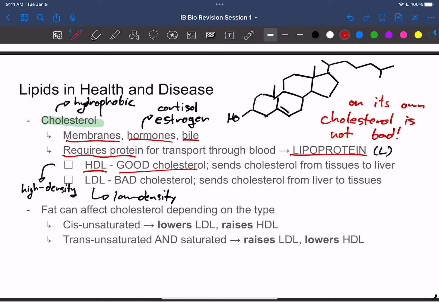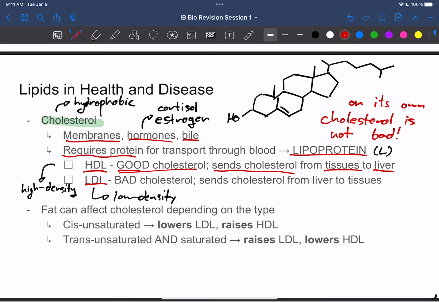The purpose of high density lipoprotein is taking cholesterol from your tissues, your muscles, your adrenal glands, any tissue that isn't your liver, and it takes it to the liver. So the purpose of it is to offload any extra fat in your cells and send it back to the liver. So this is really good because it helps preserve your cell's ability to kind of keep going. You know what I mean?